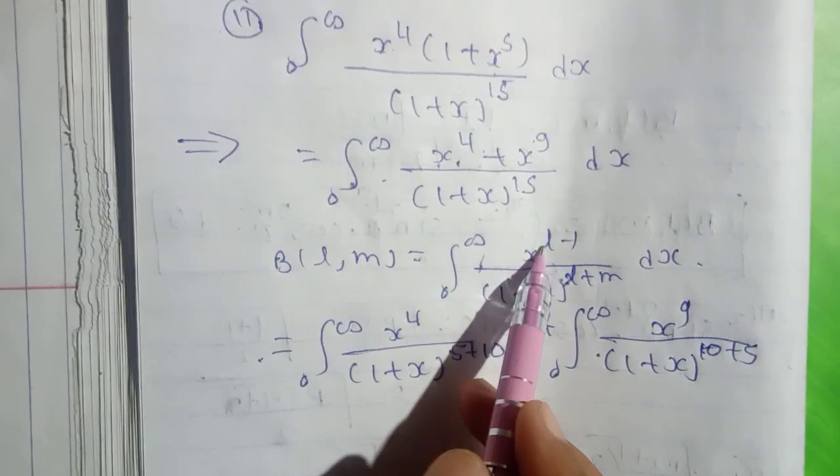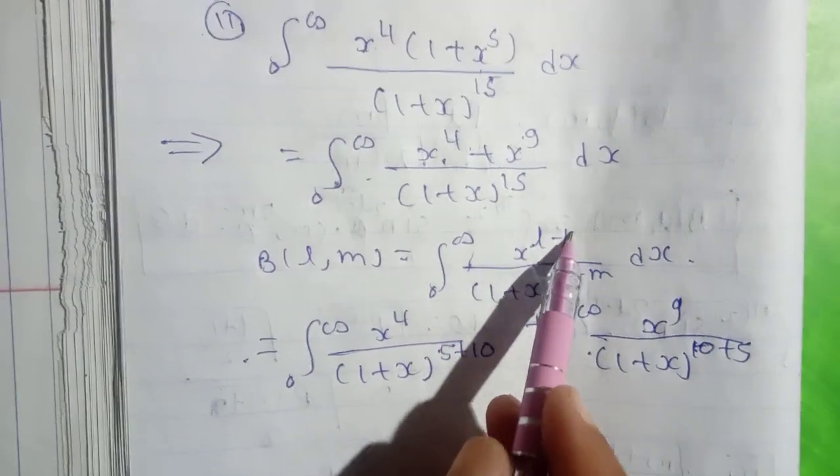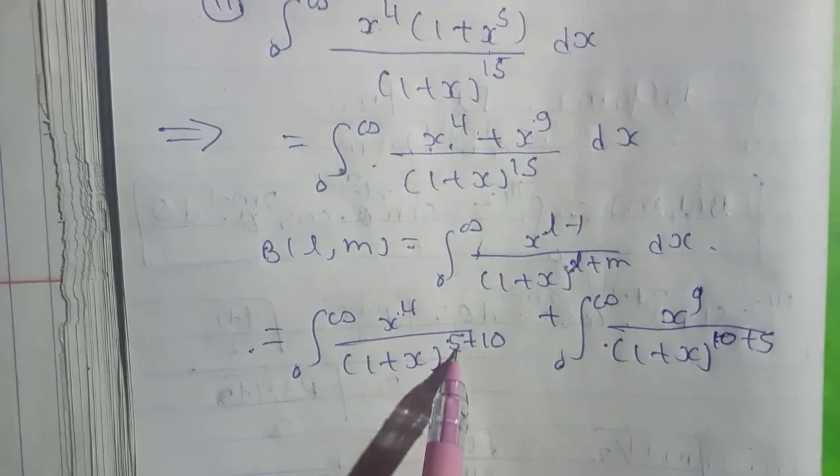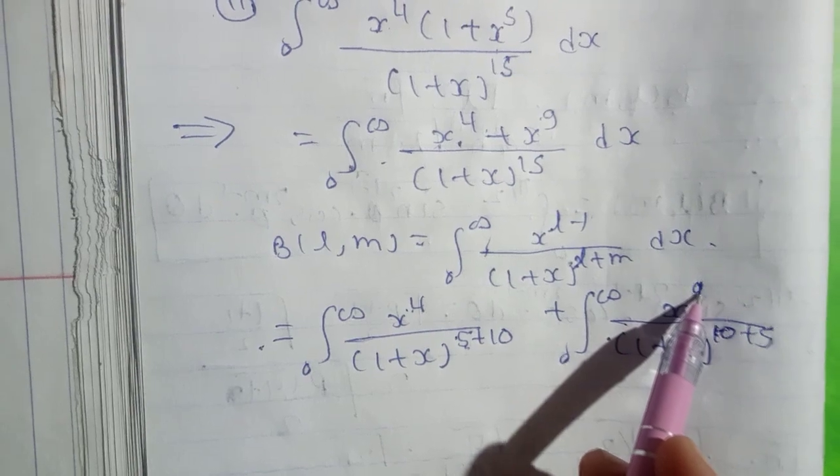Here the x power is L minus 1, so L is 5, and here L minus 1 is 9, so L is 10.